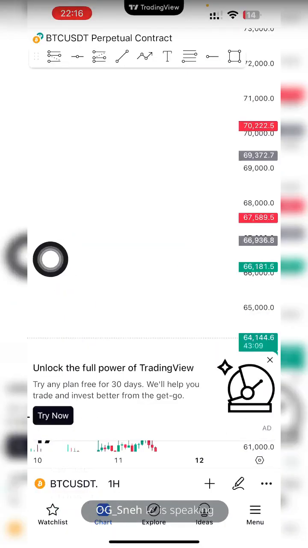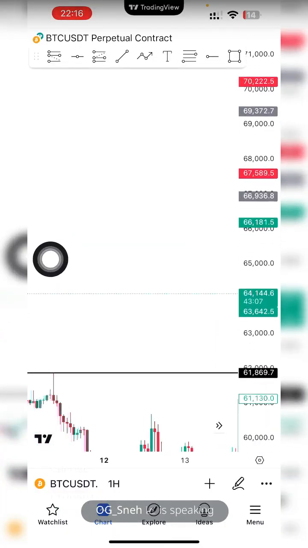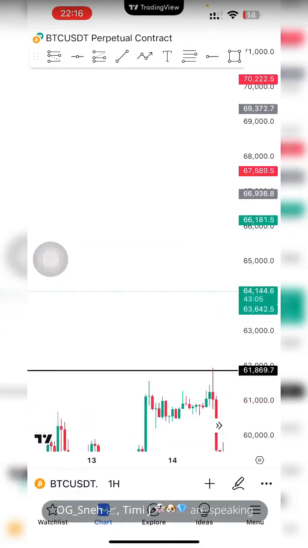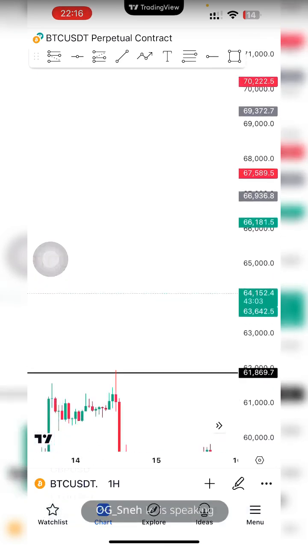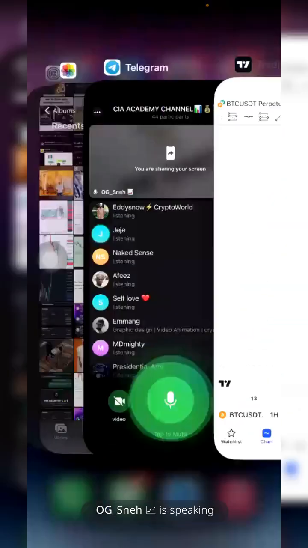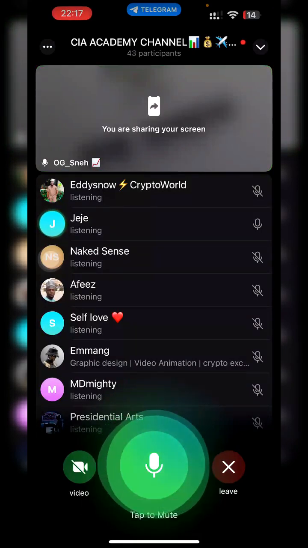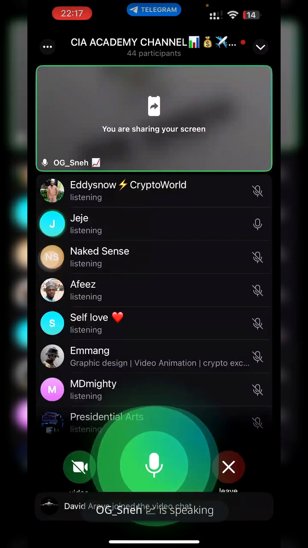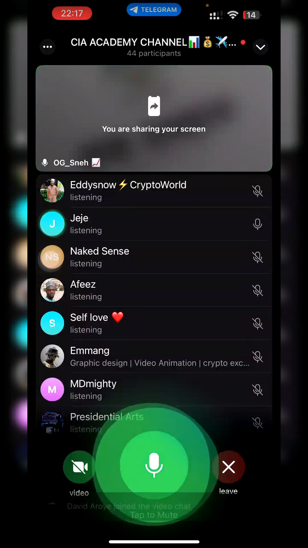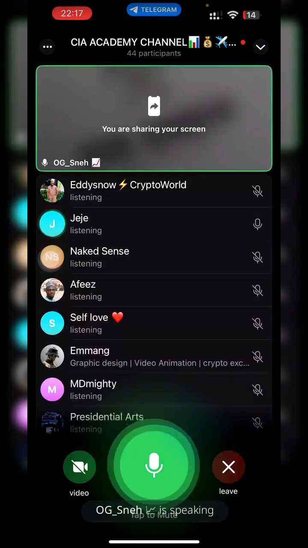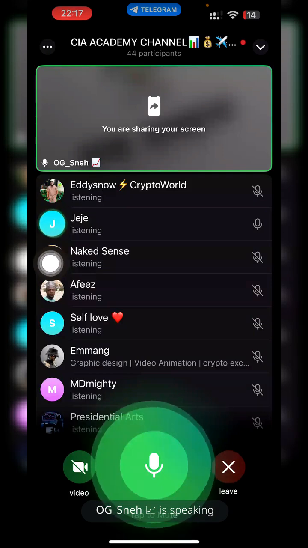Yes, so it's higher time frame. Always start your analysis from the higher time frame. If you see it on a higher time frame, it's stronger and more reliable than if you see it on a lower time frame. If you see it on a lower time frame, it doesn't mean you must not trade it. You can trade it. In fact, we get to something we call refined entry.